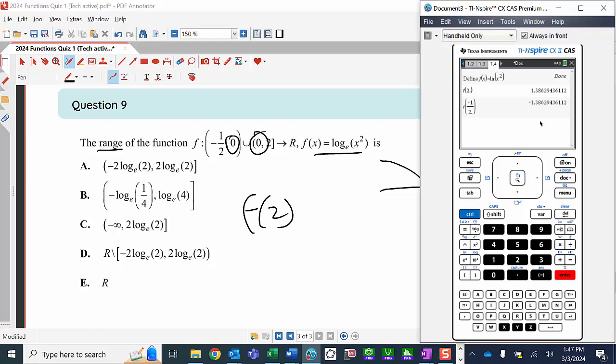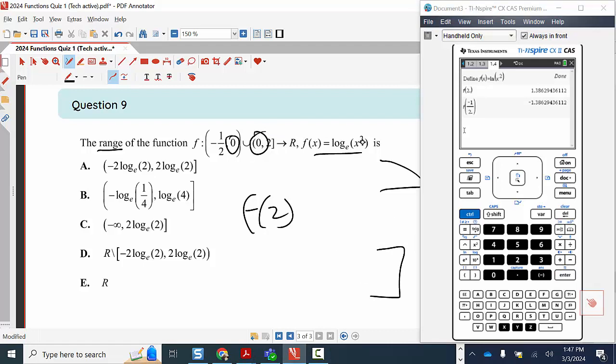That's interesting. f of -1/2 is the same value. Why? Anyway, I'm not going to worry about that for the moment. They're equally as high, but the 2 produces that value itself. So it's definitely going to be at 2. So the highest value is when x is equal to 2.